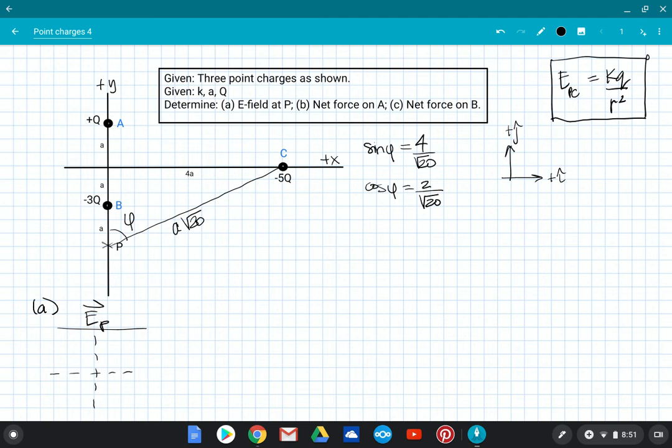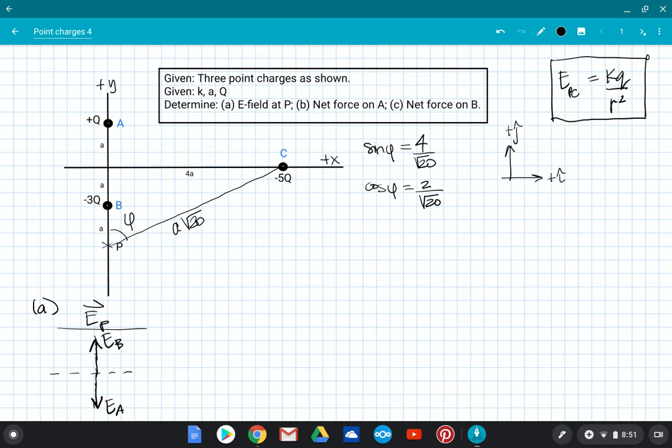So that is going to be radially outward from the particle. So at the location of point P, that will be pointing down. So that's the contribution from particle A. Look at particle B. Particle B is negatively charged, so I'm imagining radially inward electric field lines there. And so at the location of P, that's actually going to be an upward vector, E sub B.